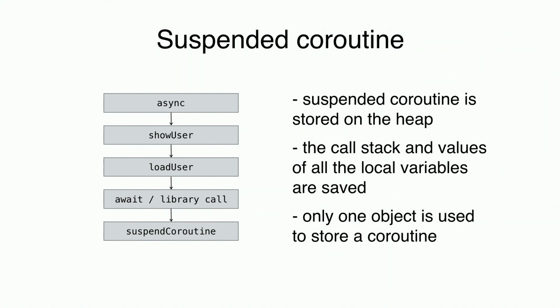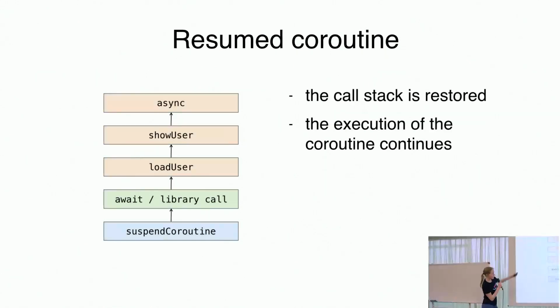So you don't need to reuse them. You just create and destroy. They are very cheap. And when you resume a coroutine, you restore this call stack. So you restore it from memory and continue its execution.